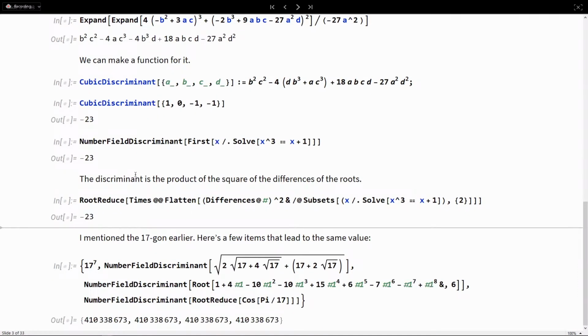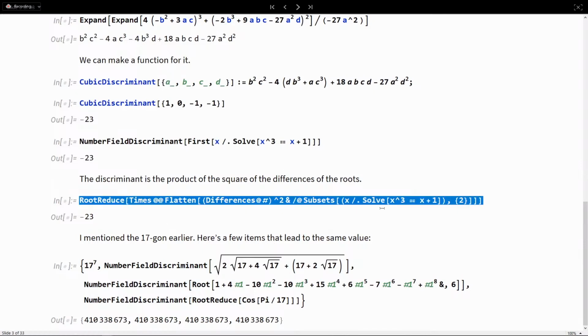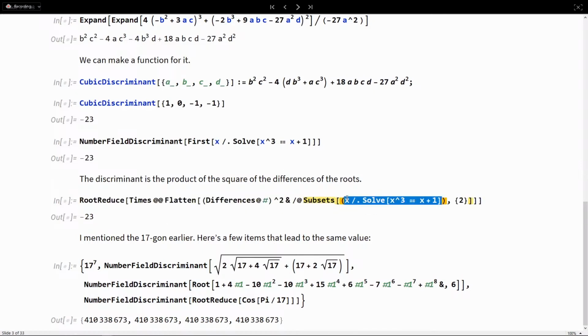Another definition is that it's the product of the squares of the differences of the roots. So here's another way: if you take a look at the roots of the plastic constant, take the differences, multiply, and reduce everything, you get back minus 23. Now, I mentioned the 17-gon a little bit ago.